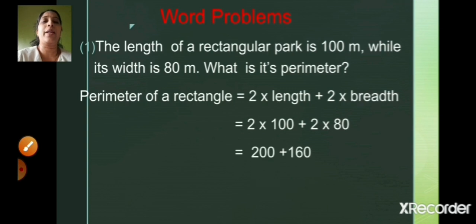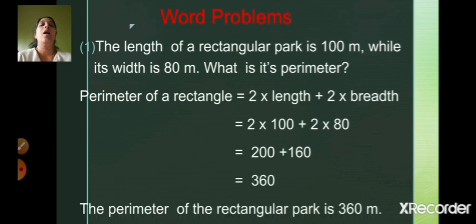Now 2 into 100 is 200 and 2 into 80 is 160, right? So 200 plus 160 will be how much, children? 360, right? So final answer you will write, the perimeter of the rectangular park is 360 meter, right, children?